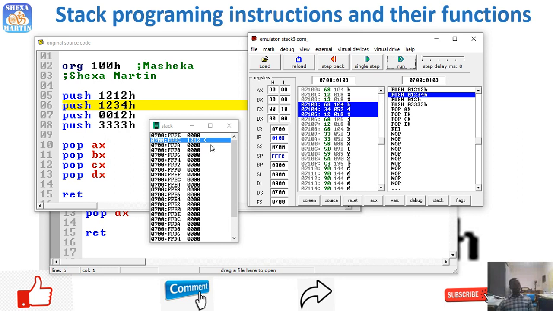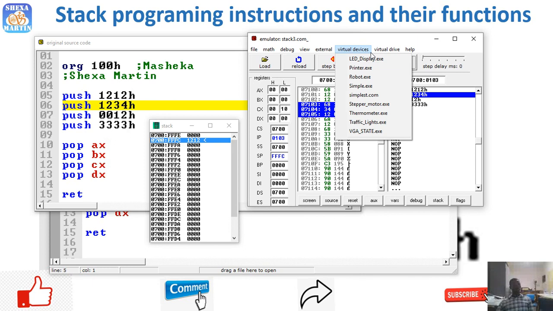This stack grows going downwards, and the top of the stack is the one pointed to by the stack pointer. So after running the instruction push 1212h, we end up with 1212 on the top of the stack, and then we run the next instruction.